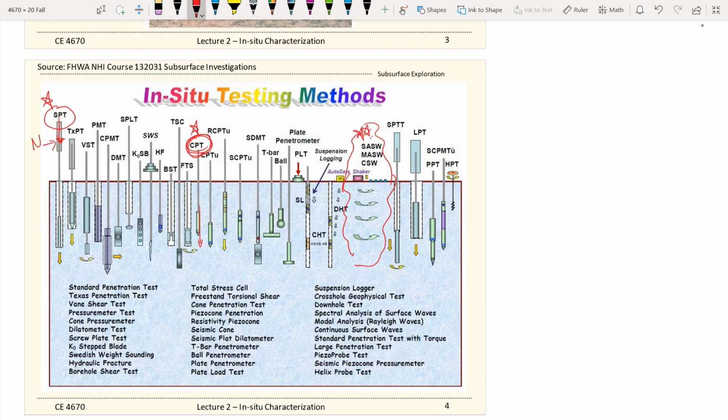When you compare SPT and CPT and need to choose which one to use, there are many questions you need to answer, like your budget, what kind of depth you need to go into, and so forth.